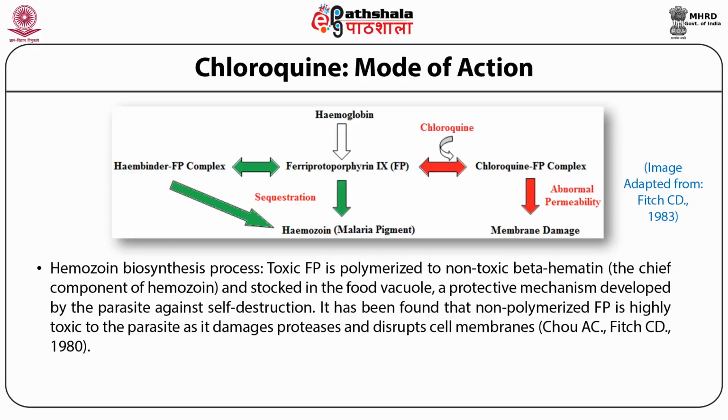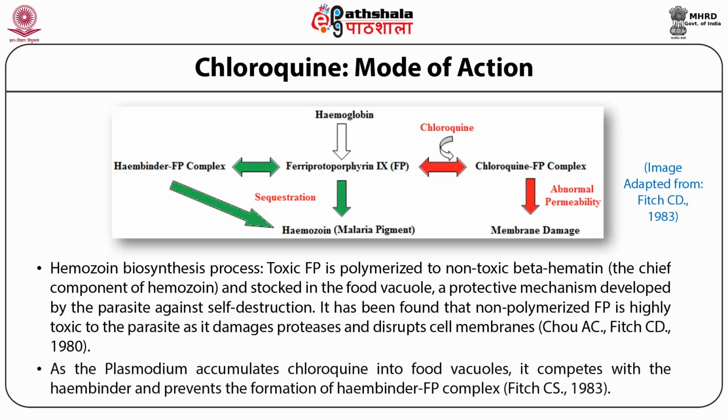It has been reported that non-polymerized ferriprotoporphyrin 9 is highly toxic to the parasite as it damages the proteases and disrupts its cell membrane. This ferriprotoporphyrin can also accumulate by binding with the heme binder and subsequently goes on to form hemozoin.